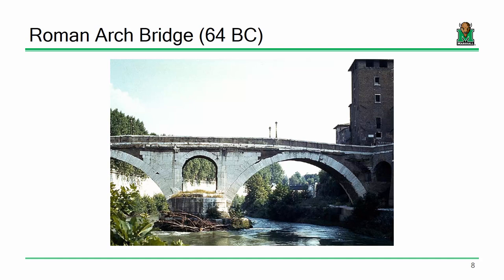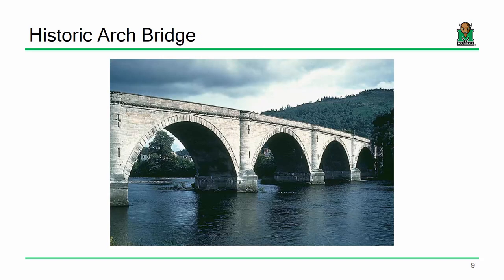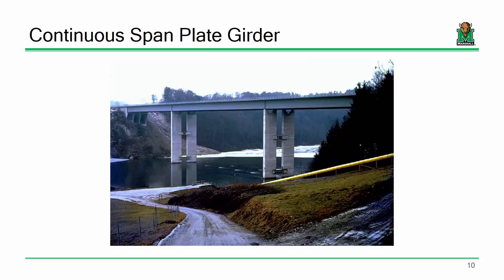I don't know that we build bridges exactly like this anymore, but some of the features, the way that the depth changes across the span, some of that stuff you still see to this day. This is just another example of one of those historic arch bridges that, again, is still in service, hundreds of years old, and still doing fine.